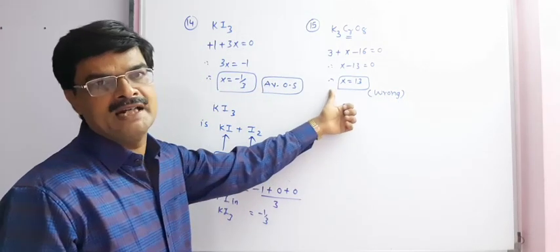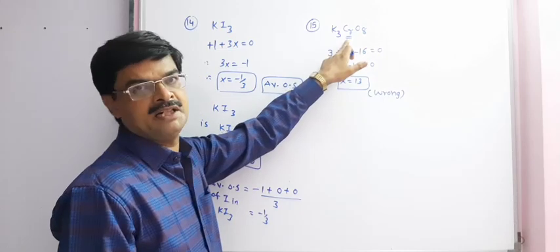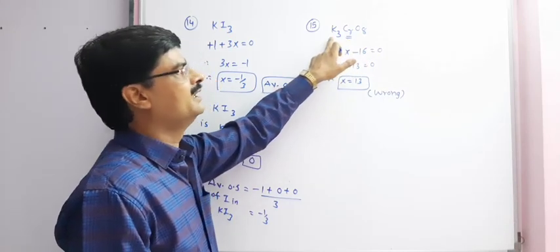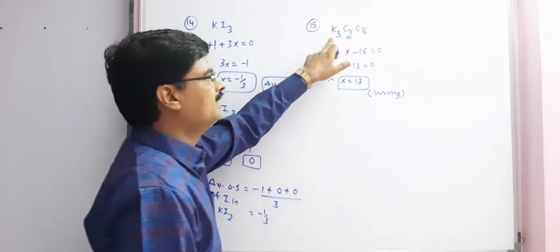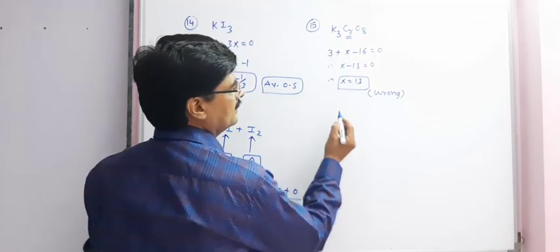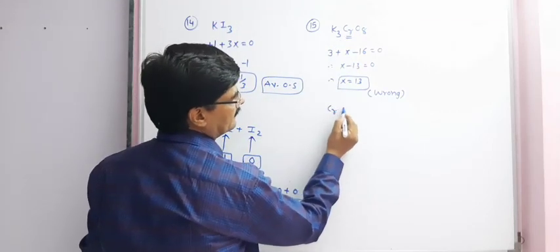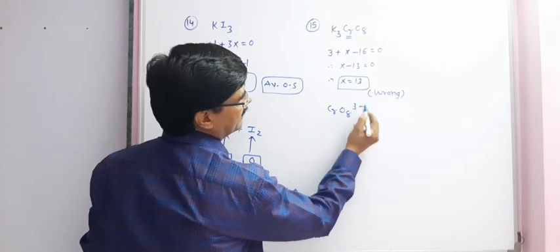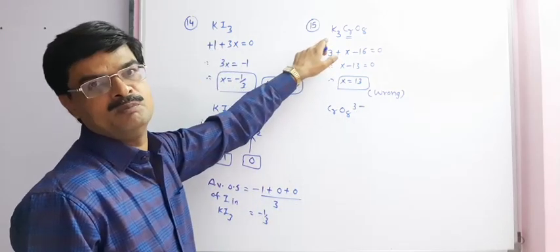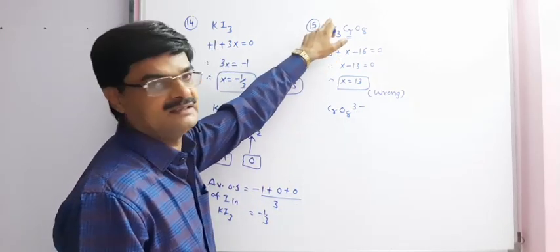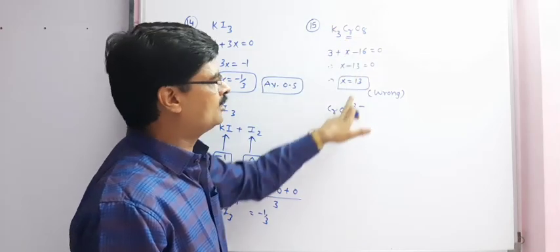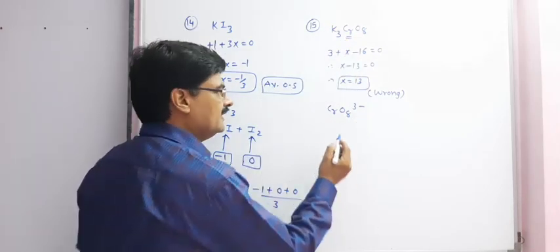So how to find out the oxidation state of chromium in K3CrO8? Let's try to understand this. First separate the ions as CrO8 3-, because K has a positive 1 charge, so 3K+.